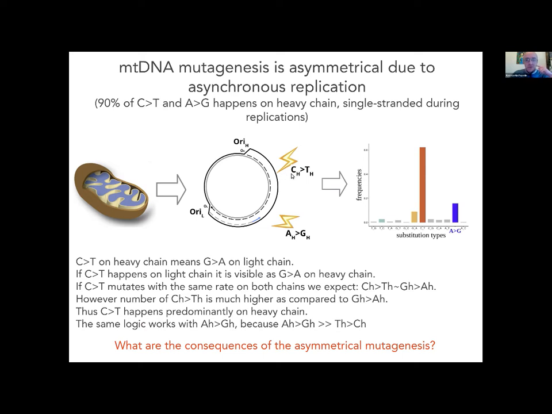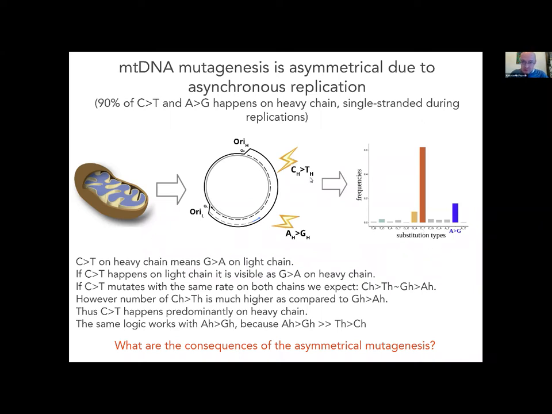The two most common transitions, C to T and A to G, happen predominantly on this heavy chain. That's why if we reconstruct the mutational spectrum, the probabilities of substitution from one nucleotide to another, in the most neutral positions, in this case synonymous substitutions, we see that the majority of mutations are C to T or A to G. This strong mutational bias is asymmetrical.